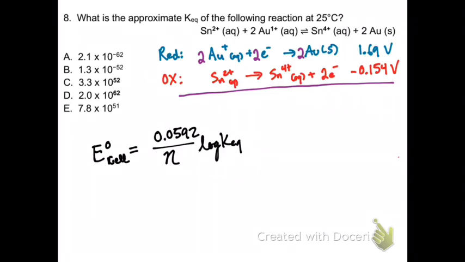Great. Now we can combine these two together and get our overall reaction. And our overall reaction is, well, the one that we're given up here. And our potential is going to be 1.536 volts. Now we'll plug that in for our E standard.